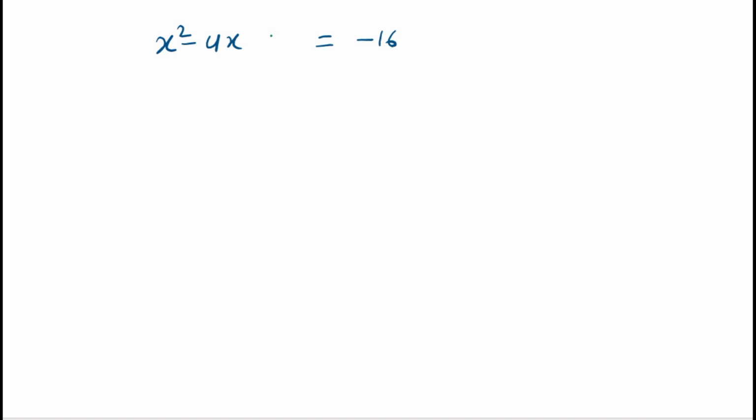If we add 4 to both sides, then the left hand side expression is a perfect square. Look carefully, here we will apply middle term split. x squared minus 4x is x squared minus 2x minus 2x plus 4, and this equals minus 16 plus 4, which is minus 12.